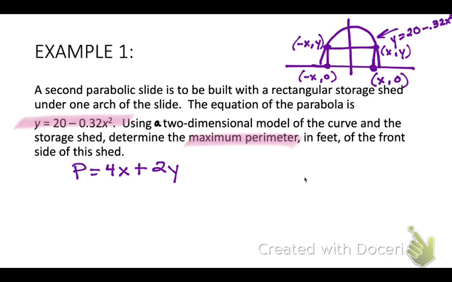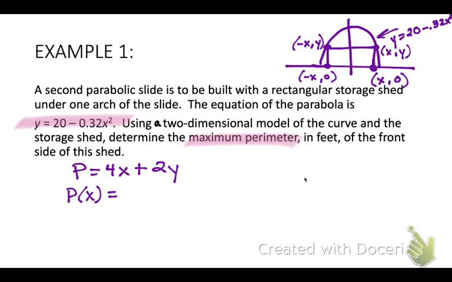So now what we need to do is create a function of just one variable. Well, right now I have a function of x and y. How can I turn this into just a function of x? Well, what did we say y was equal to up here? 20 minus 0.32 x squared.